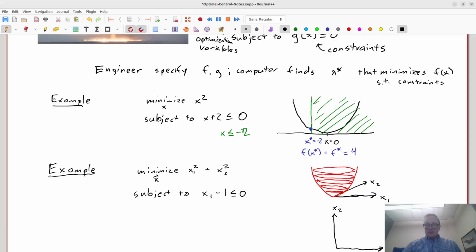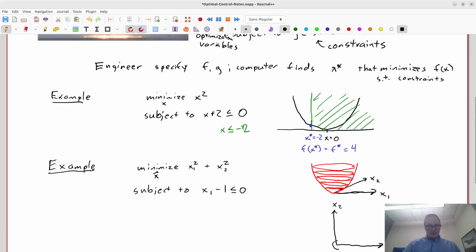Our objective will have these lines where, for instance, x1 squared plus x2 squared equals 1, x1 squared plus x2 squared equals 2, x1 squared plus x2 squared equals 3, etc. And then the constraint will be x1 minus 1 is less than or equal to 0.